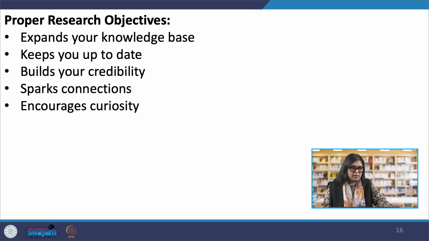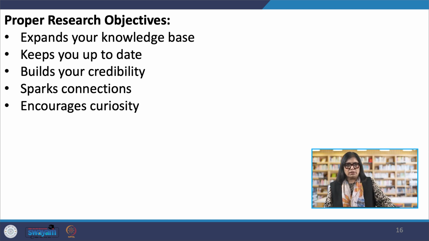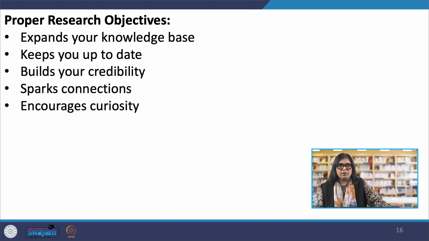Next, sparks connection. Take any field, any non-profit organization, you will see how they have strong research supported by real life stories. Research also becomes the base upon which real life connections and impact can be made, and this encourages curiosity.